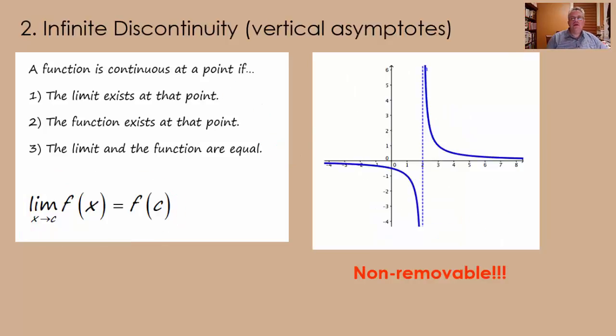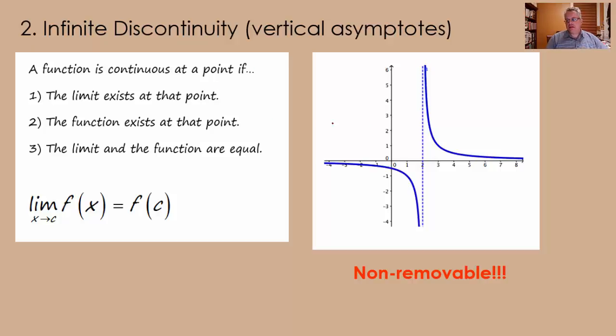Okay, now here's another type of discontinuity. This is an infinite discontinuity, which means that it has a vertical asymptote at the point. So this function is nice and smooth and continuous everywhere except at 2, because it goes to negative infinity on the left, then it has a big jump, an infinite jump, and it goes to positive infinity on the right.